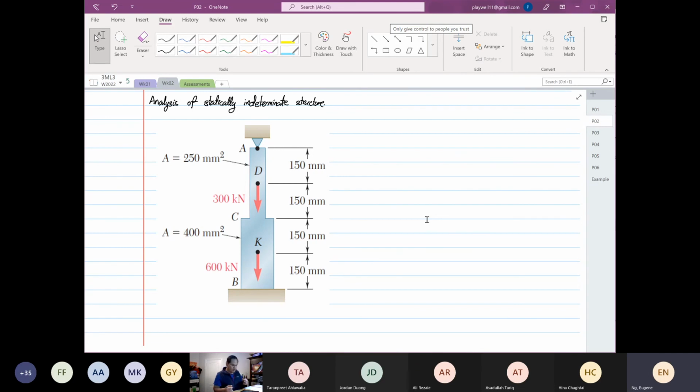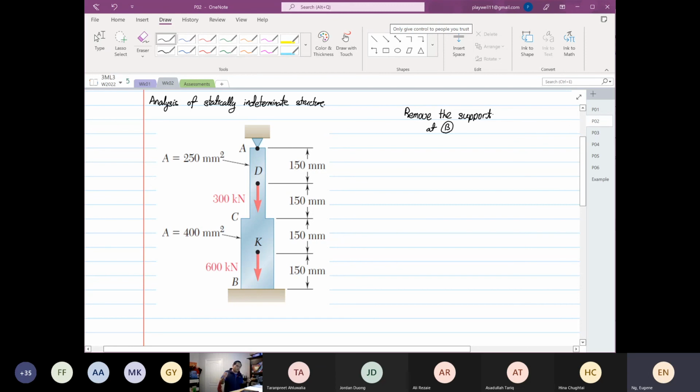As I said, we're still in the procedure. Now we are going to remove the support at point B.